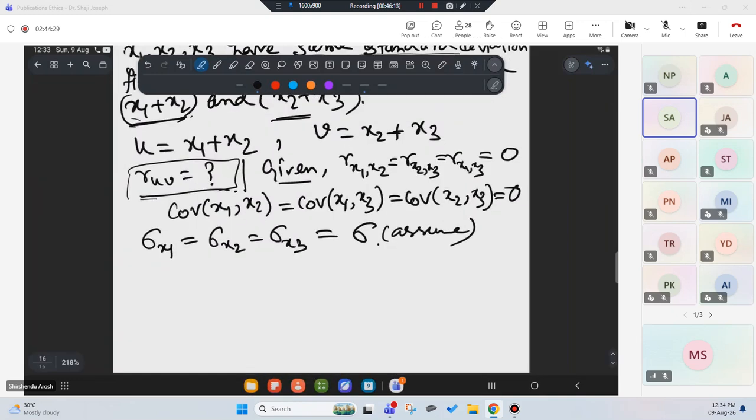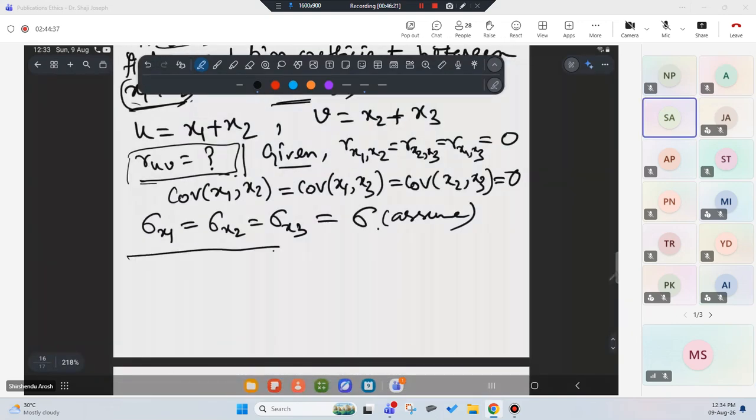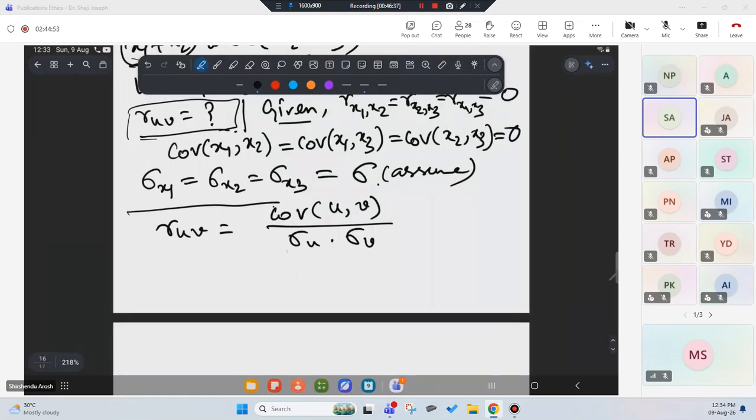Now let's start from a very basic definition of the RUV. If I want to find out the RUV, what should I find out? Covariance of U comma V divided by sigma U multiplied by sigma V. Correct? Now let's start with the simplistic one. That is the denominator, that is sigma U and sigma V. Let's start with the variance, which gives you a better idea, because we have already done the formula, right?